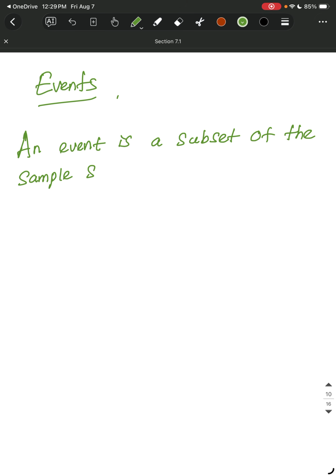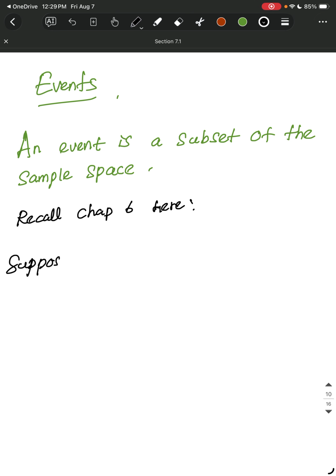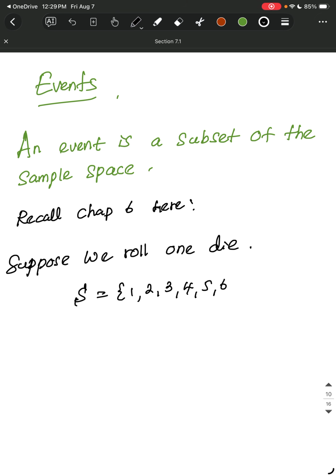This is where our work from chapter 6 becomes very useful. Suppose we roll one die. The sample space is 1, 2, 3, 4, 5, 6.